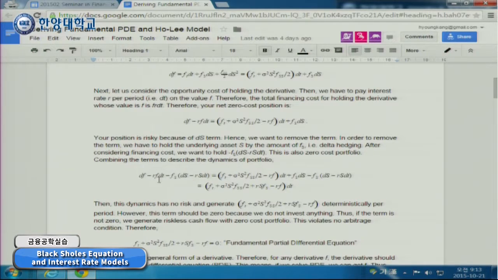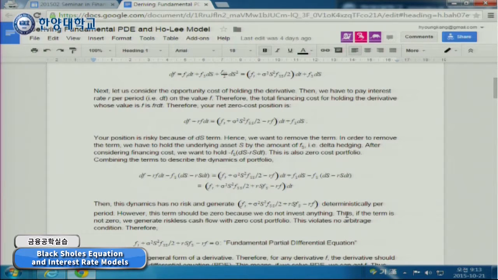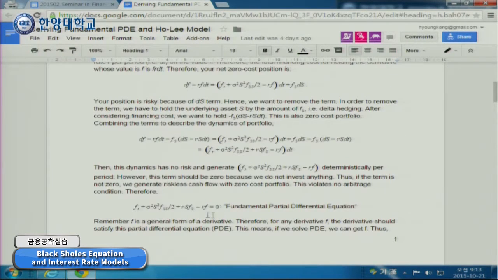You borrow money and invest, and you generate a deterministic, predictable return. If it is not zero, you are basically generating arbitrage profit. We are assuming there is no arbitrage. Therefore, this term should be zero. Thus, if the term is not zero, we generate a riskless cash flow with a zero cost portfolio. This violates the no arbitrage condition. Therefore, this should hold, and this is called the Black-Scholes equation.